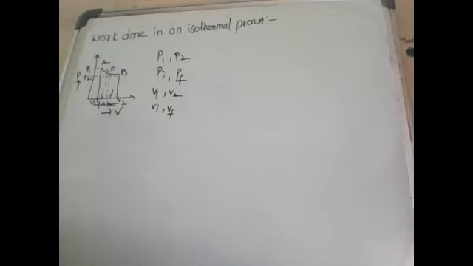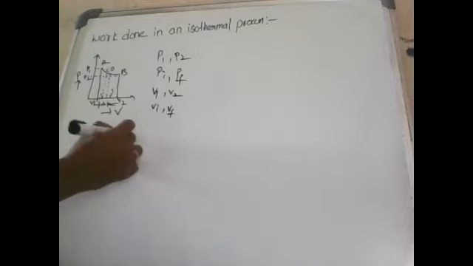So here let P and V be the pressure and volume at any intermediate state C. Here we assume that pressure P remains constant for all small increase in volume dV. Then work done dW equal to P into dV.